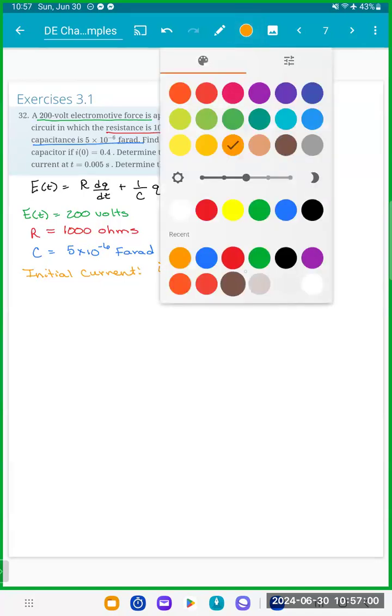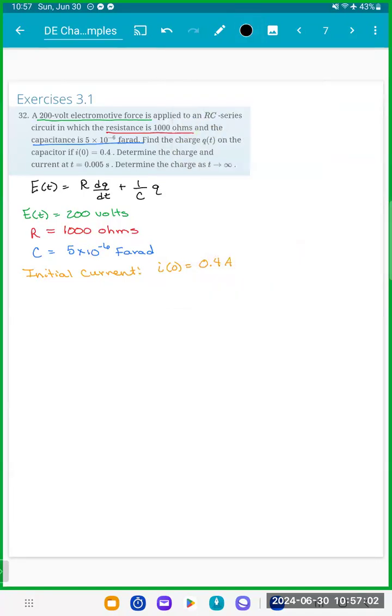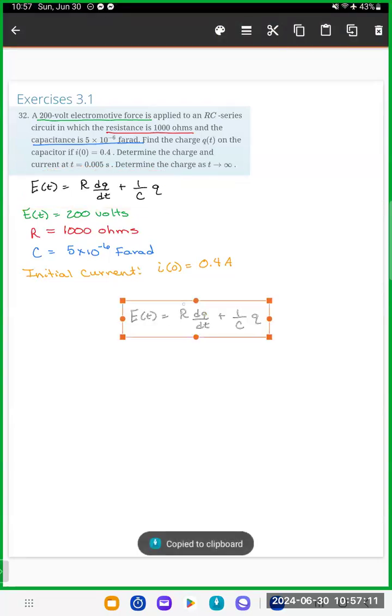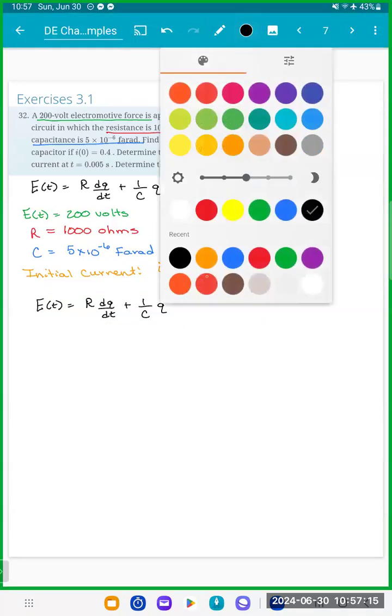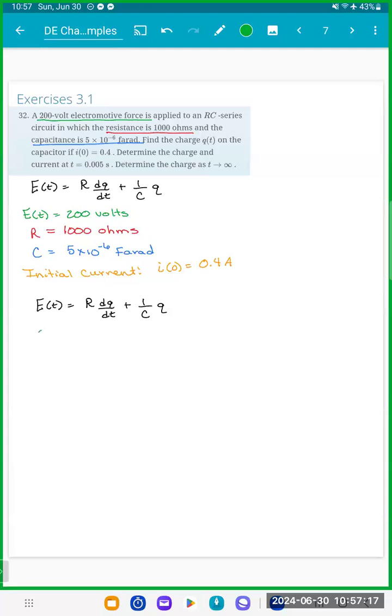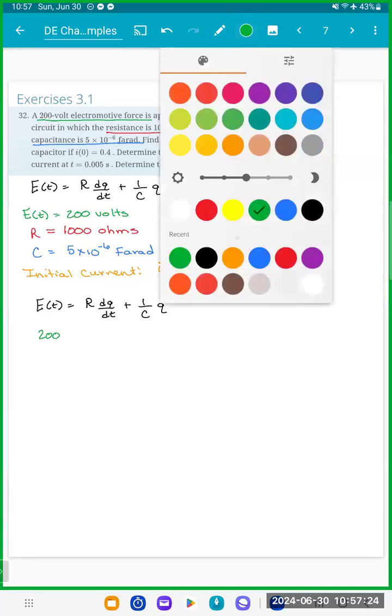So now implementing all of the things that we were given, going back to our initial equation up here, we want to plug in the things that we do know. We know that E of t is 200. We know that R was 1000.